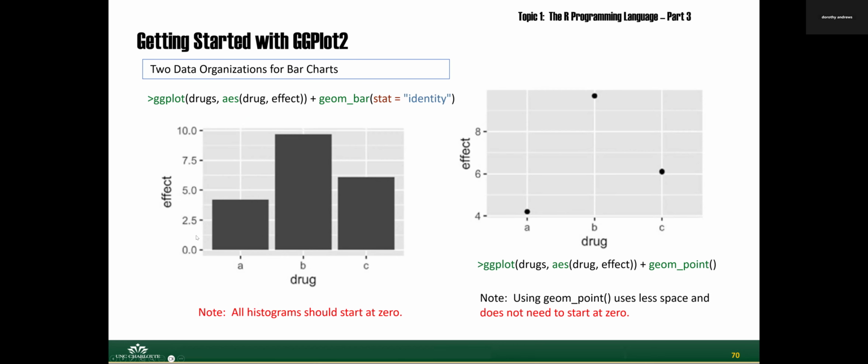So one rule in creating histograms is to always include the 0 point. Now, a lot of people don't. USA Today, that newspaper, I don't even think it's around anymore, was kind of notorious for creating graphs where they didn't show the 0 point. And it gives you a misleading impression of the data. However, you don't have that problem if you're just going to plot the points.